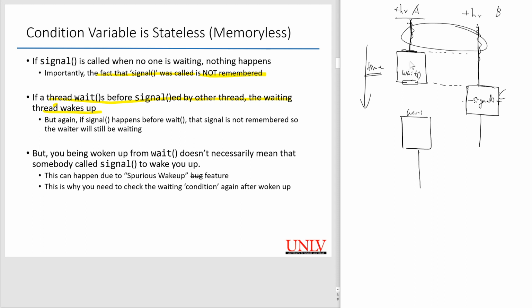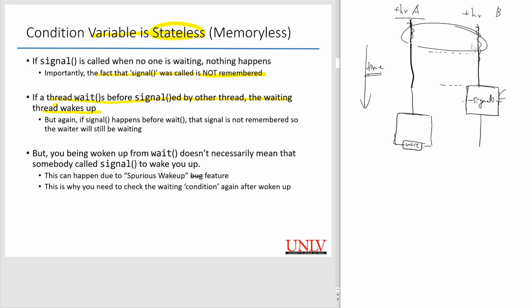So it is entirely possible that thread B entered its critical section first, and thread A then had to execute its critical section code over here and determined it had to wait. If this happens, thread A will not be woken up, even though thread B called signal just before. This is what I mean by the condition variable being stateless.